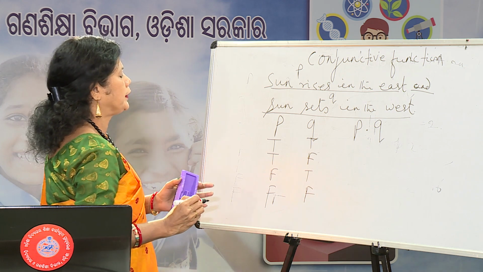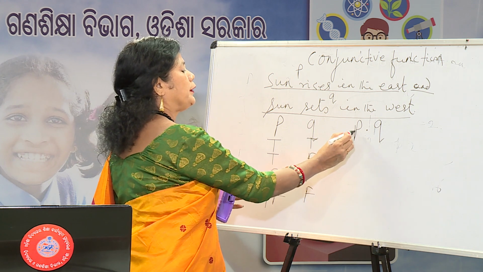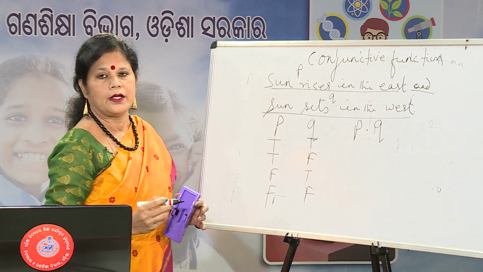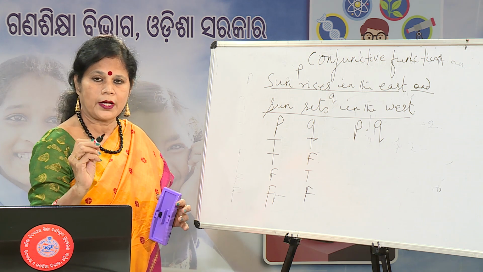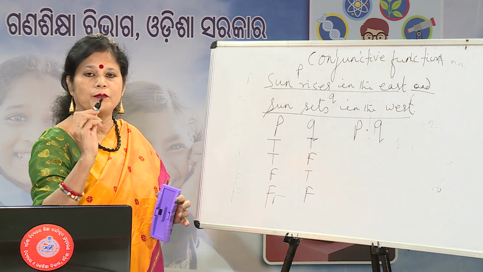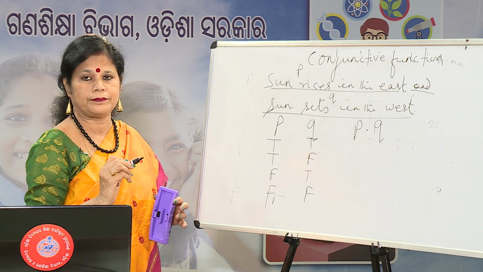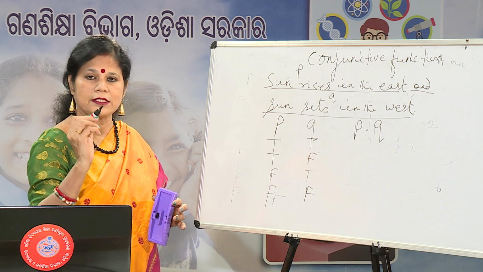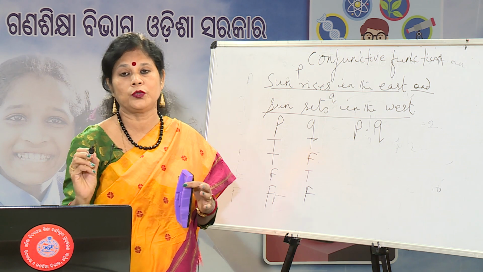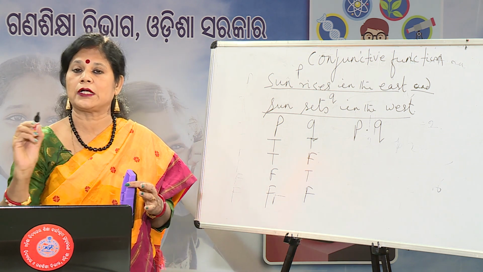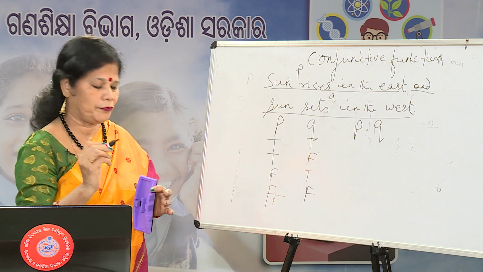Now what will be p and q? Conjunctive function is true only when both the component propositions are true. In other cases it is false. Only when p is true and q is true, the conjunctive function will be true. In other cases it will be false.